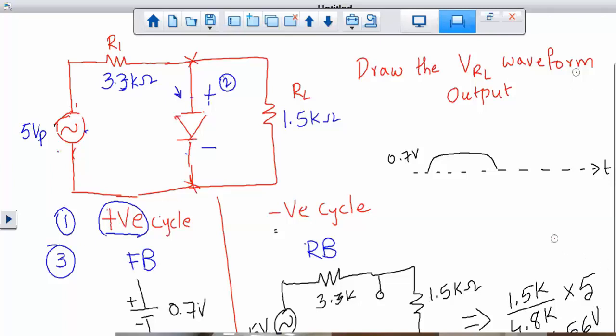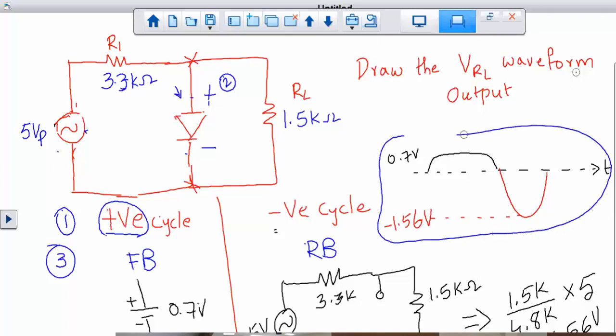So the resultant signal, since you are under the negative cycle, the resultant signal peak would be at negative 1.56 volts. So that's the output signal that we are looking at off of this clipper. Again, this is still a positive clipper. The orientation of the diode is still facing downwards.